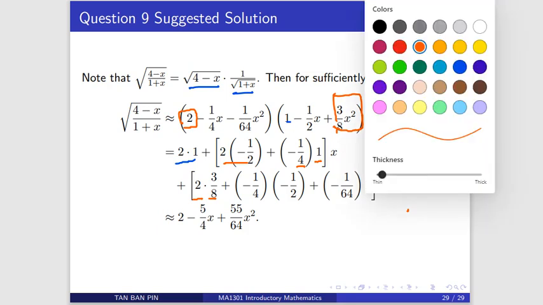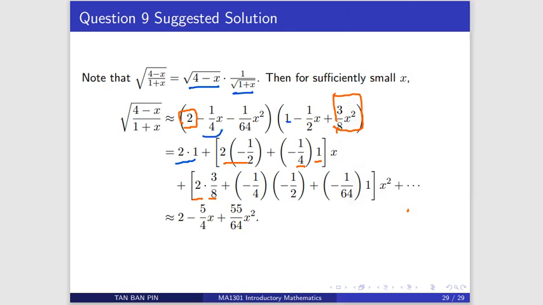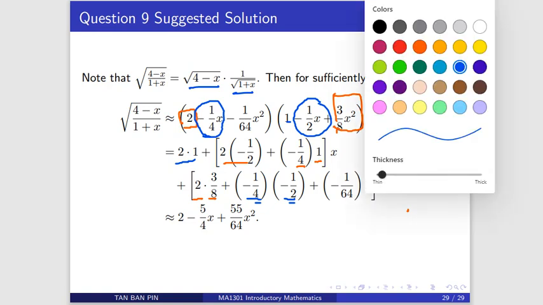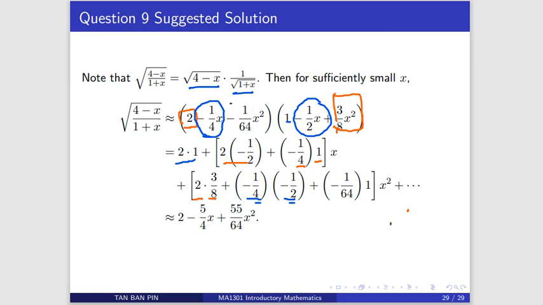Then it could be minus 1/4 x with minus half x, so it's minus 1/4 times minus half. Or it could be the x squared term, minus 1 over 64 x squared, with the constant 1, so it's minus 1 over 64 times 1. So these are the three possibilities to get the x squared term.